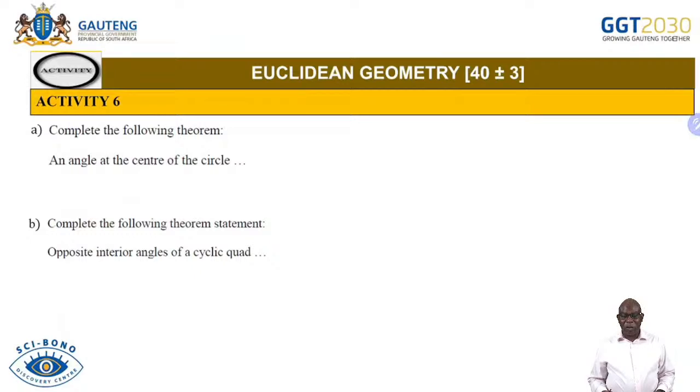Euclidean geometry. I said you must get your examination guideline, because that gives you the acceptable reasons and the theorems, how to write those theorems. Like in this one: angle at center of the circle is twice the angle at the circumference.